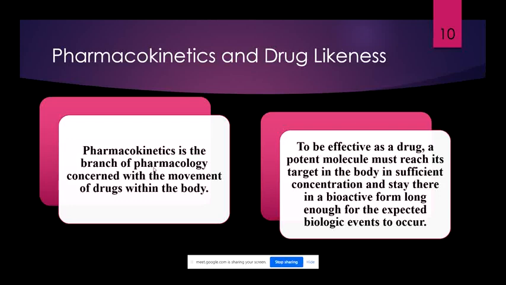Because remember, suppose someone has lung cancer, or suppose someone is using a drug for the COVID virus, and it wants to kill the COVID virus. Now where must that drug go in your body? Where must the drug be localized to show optimum activity? In which organ?